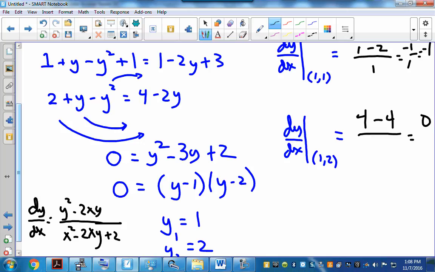So x is 1, so we get 1 minus 2 times 1 times 2 plus 2, and that's not 0. So we have 1 minus 2 is negative 1, plus 2 is 1. Okay, so that equals 0.